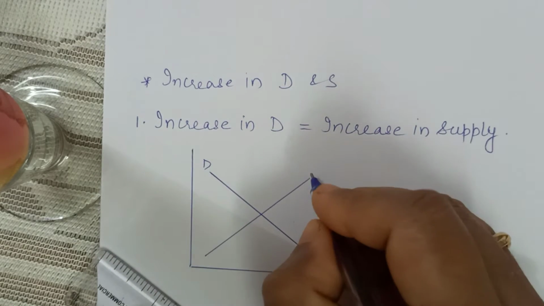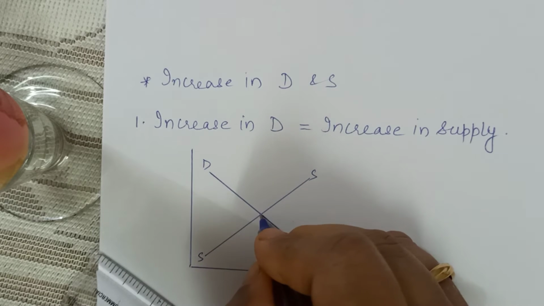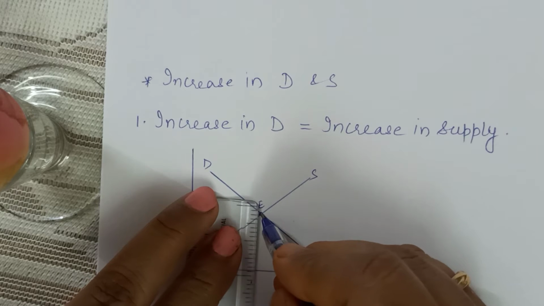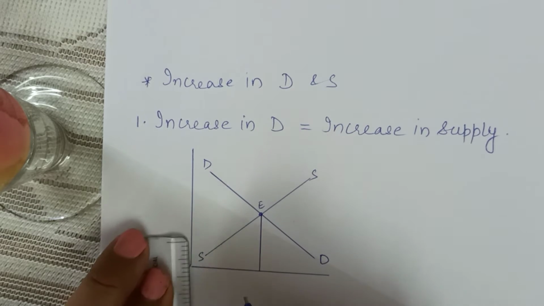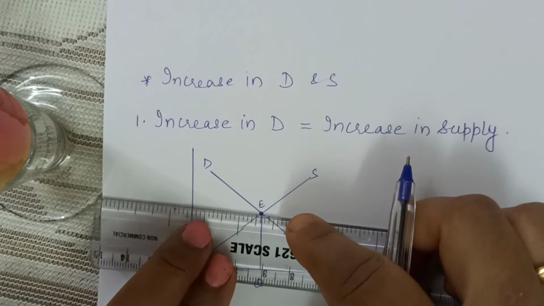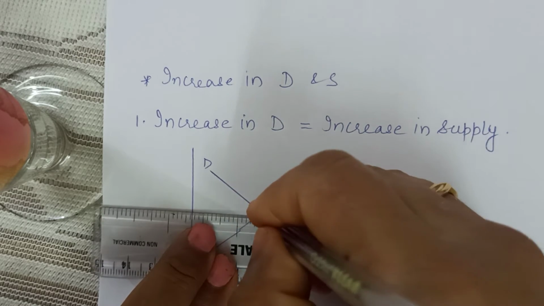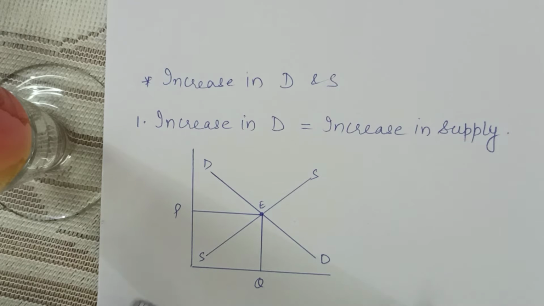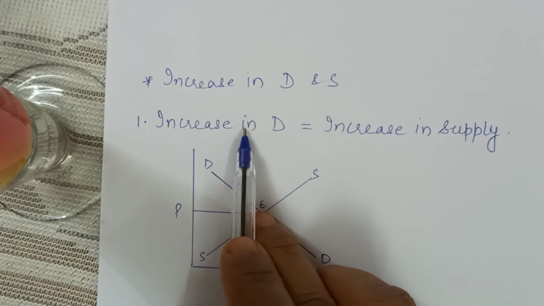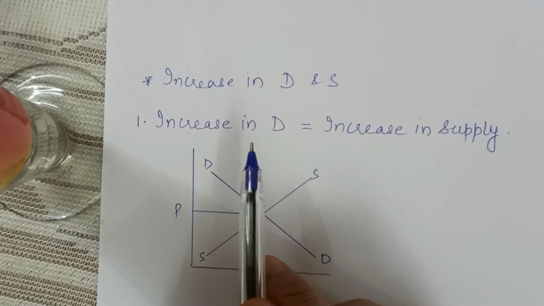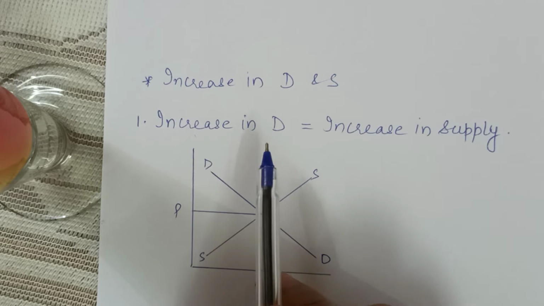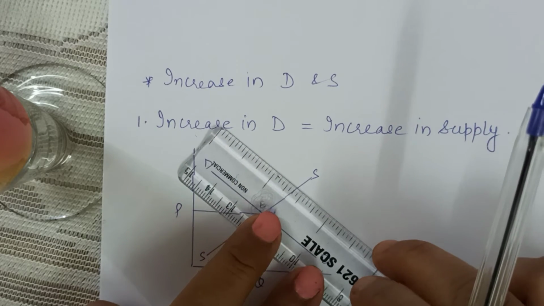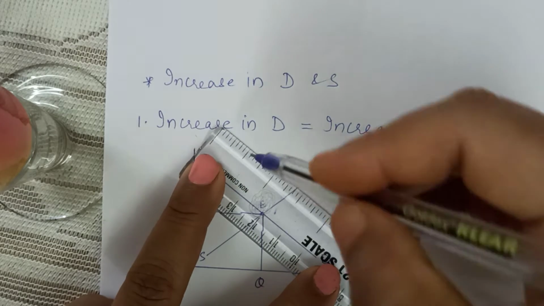DD demand curve, SS supply curve, equilibrium point E, quantity Q, and price P. Now here what is given? Increase in demand. It means if there is any increase, the curve is going to shift towards the right side.